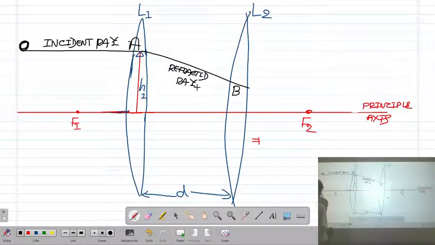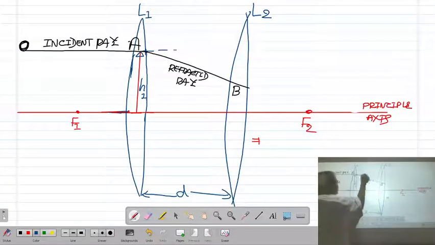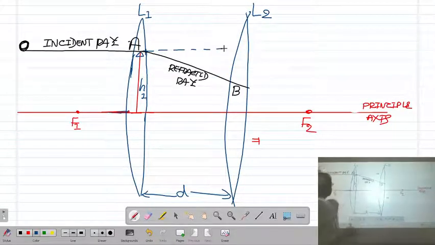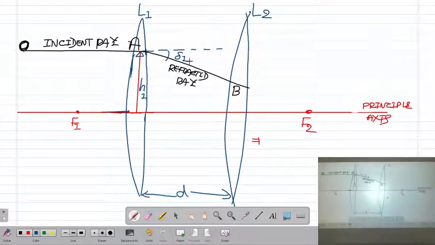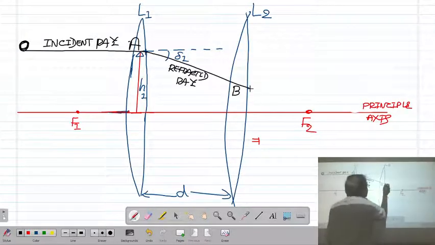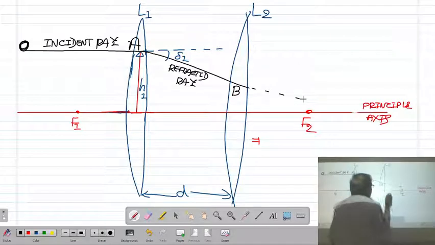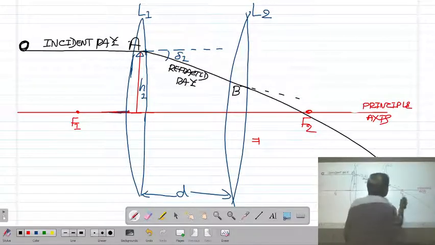You can see in the diagram that instead of going straight, the incident ray is deviated through an angle delta 1 in lens L1. Now what will happen in lens L2? It again undergoes refraction and passes through the focal point F2.